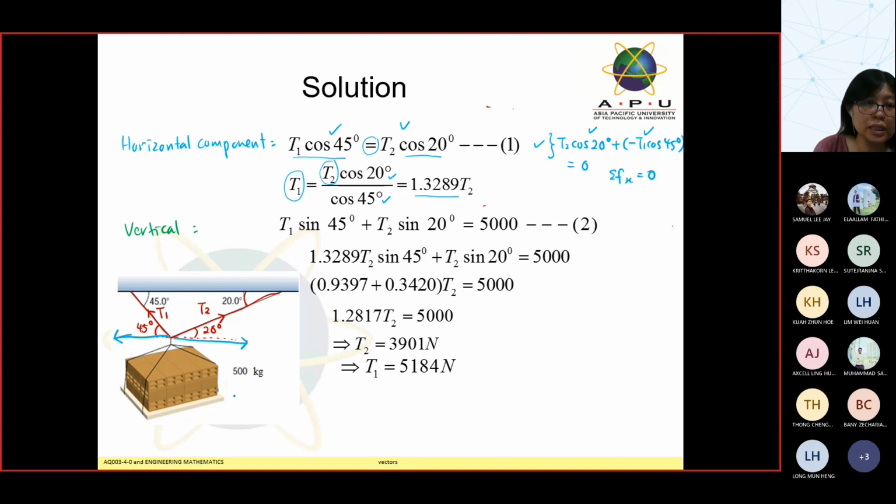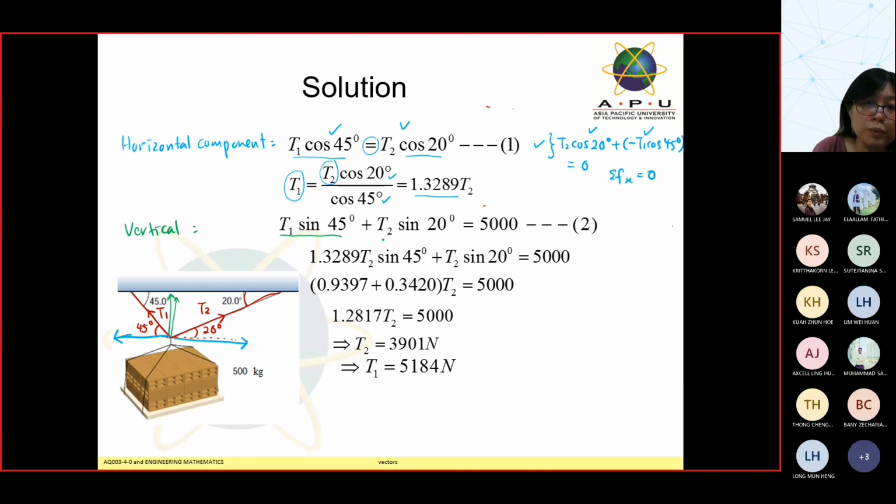So when we come to the vertical component, let's look at T1. What is the vertical component for T1? It is here, pointing up. Then if we look at T2, where is the vertical component for T2? Also pointing up. So going up, we have two vertical components. The one from T1 will be T1 sin 45.